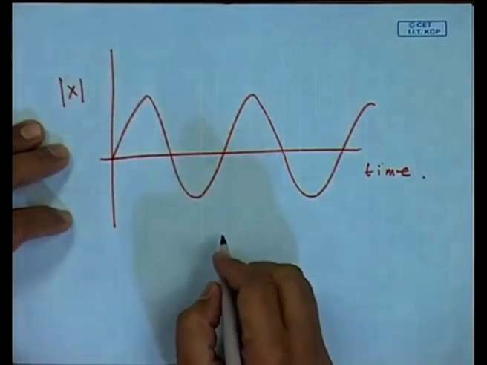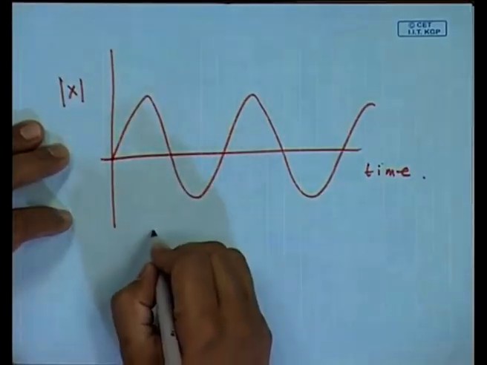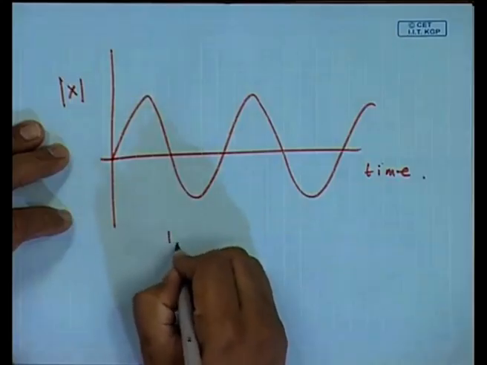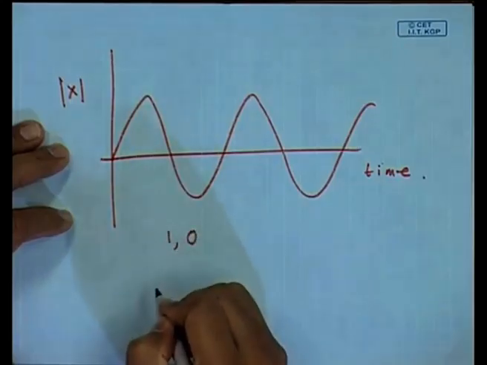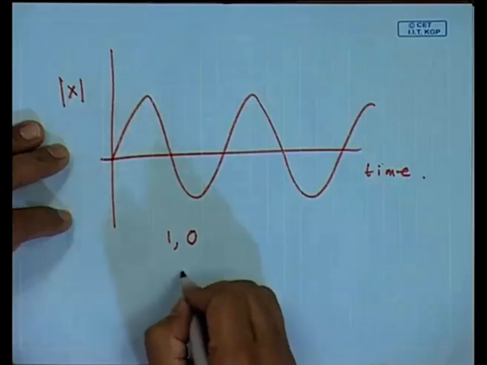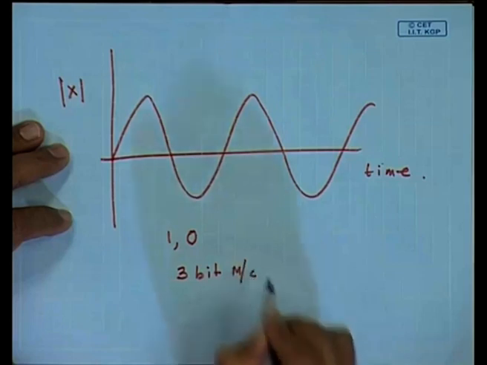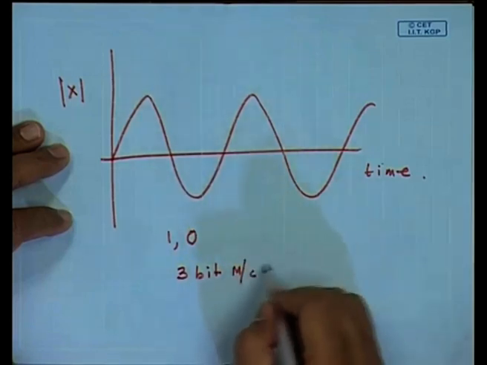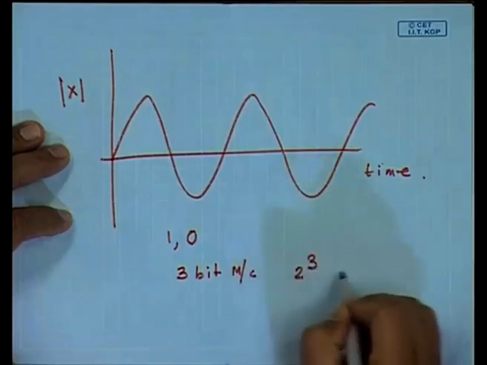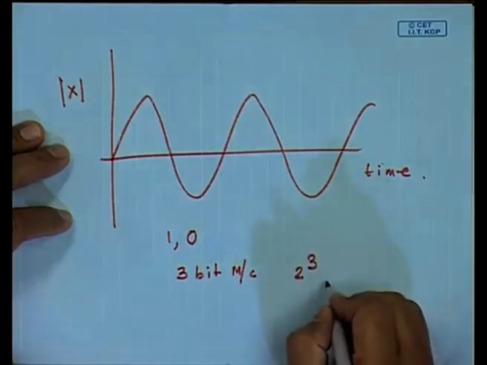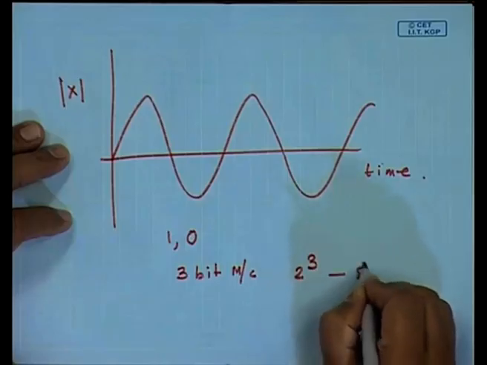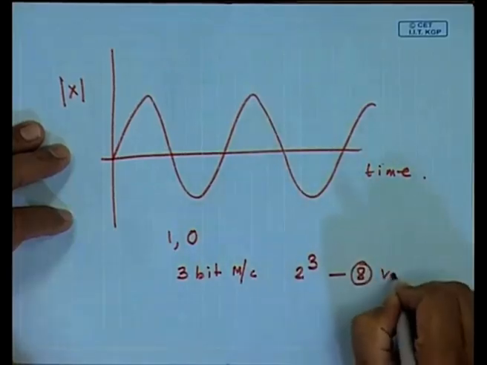Now, as you know, in a computer, data are stored either as ones or zeros. Say, for example, if it is a 3-bit machine, it can possibly have 2 to the power 3 combinations of ones and zeros, which gives a maximum of 8 values.